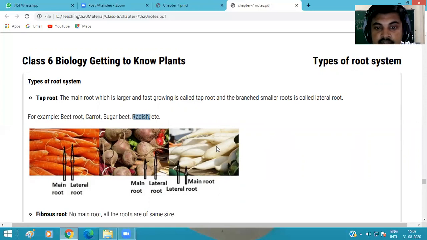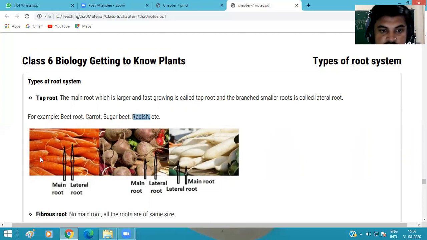Many times we see the radish, beetroot, or carrot. In this picture you see the whole carrot is a main root, and some hair-like structures are growing around the surface of the carrot or the radish.